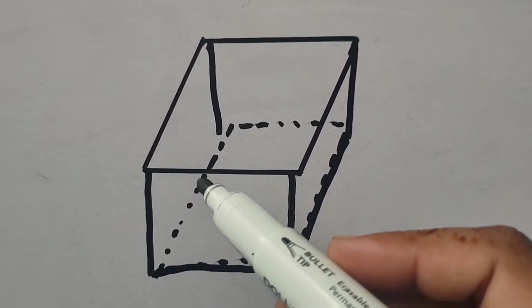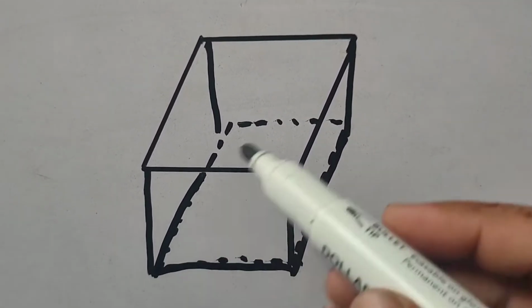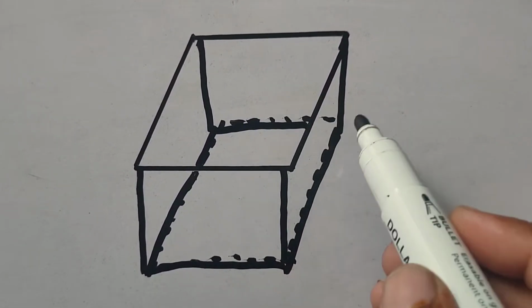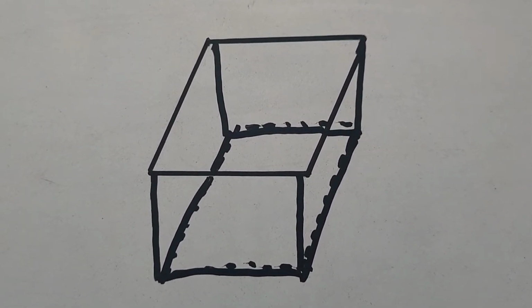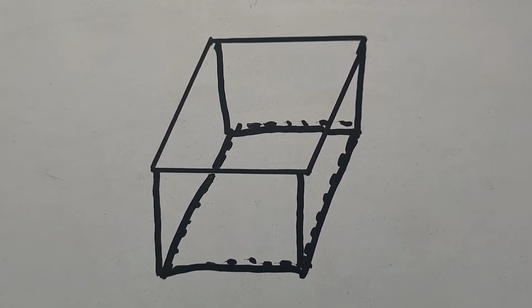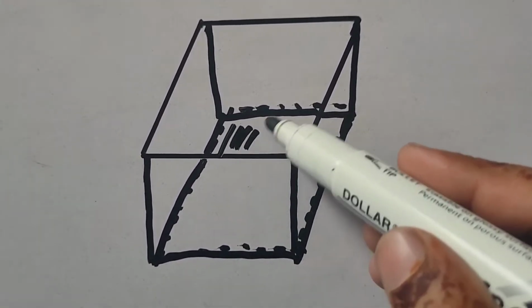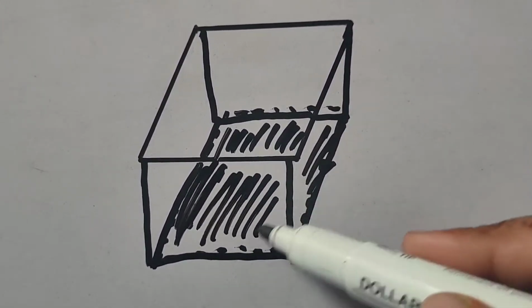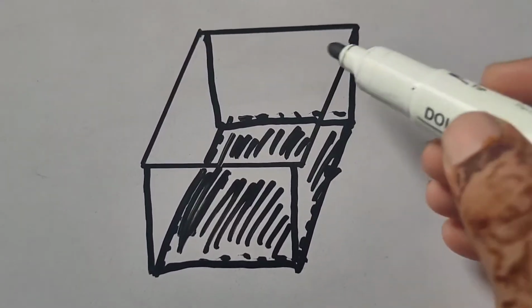So this is basically a prism where we have a cross section, some lateral faces, a base. This is a perfect prism. So I'll shade this one to make it easier for you to understand. This shaded part is the cross section, that is the identical part of this base.